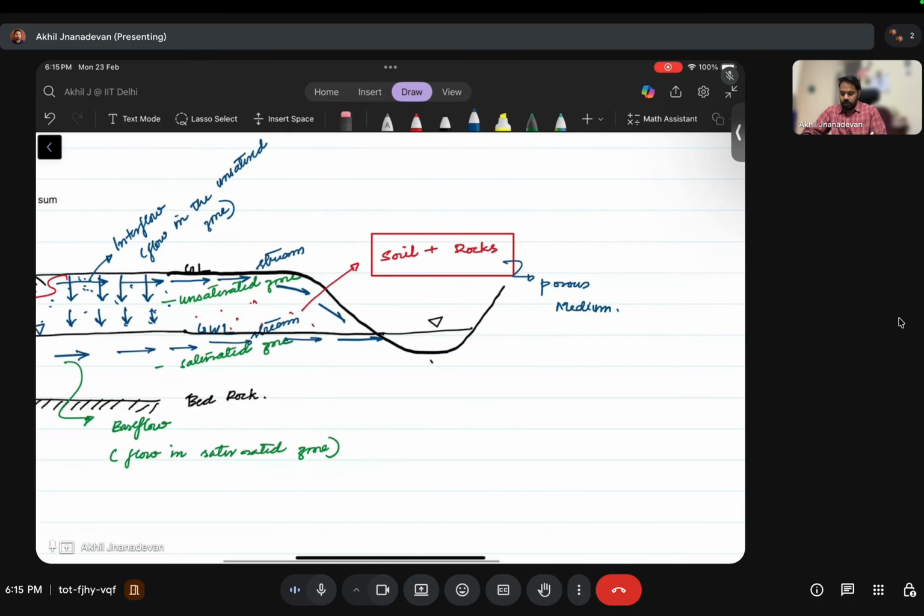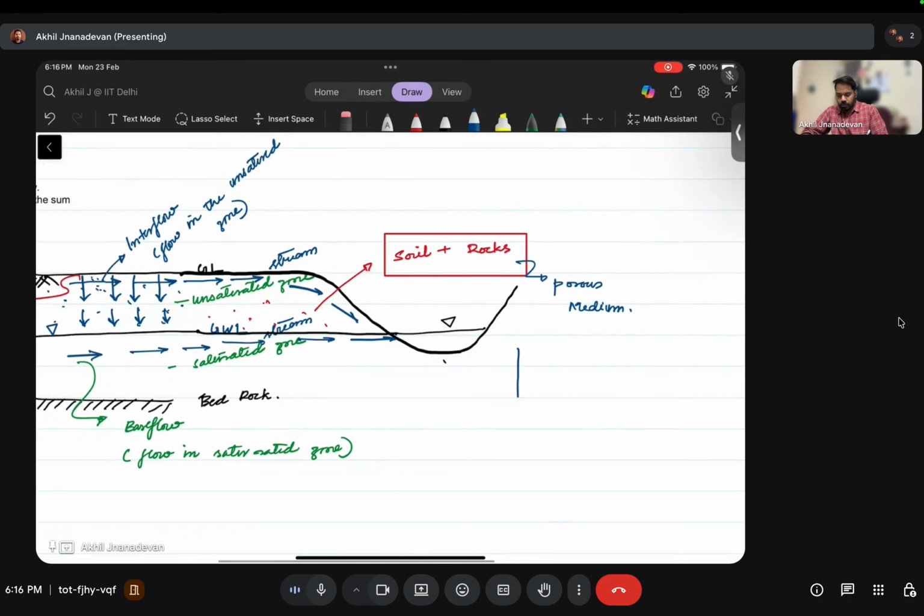And one more basic thing, like an introduction, I want to mention. In the porous medium, if I could represent it like a vertical column, then it has three things. It has the soil particles, and it has void spaces. Basically, the flow will take place through the void spaces.